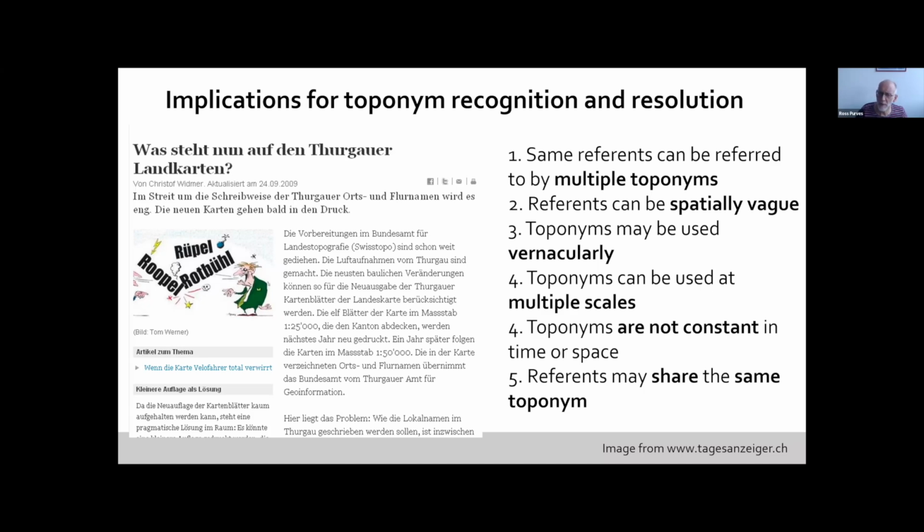And Carl Grossner, I think, gave a talk in this series not so long ago where he talked much more about historical use of place names. And then references can also share the same toponym. This cartoon here is a Swiss cartoon about place names in Switzerland, where the cantons are responsible for delivering a particular sort of place names to the federal government.